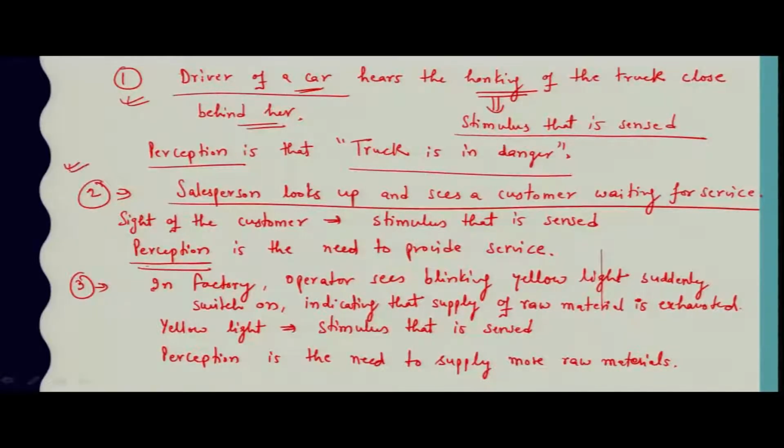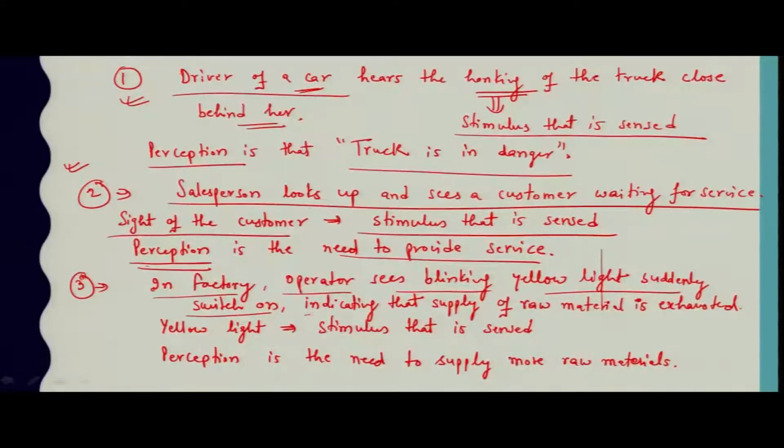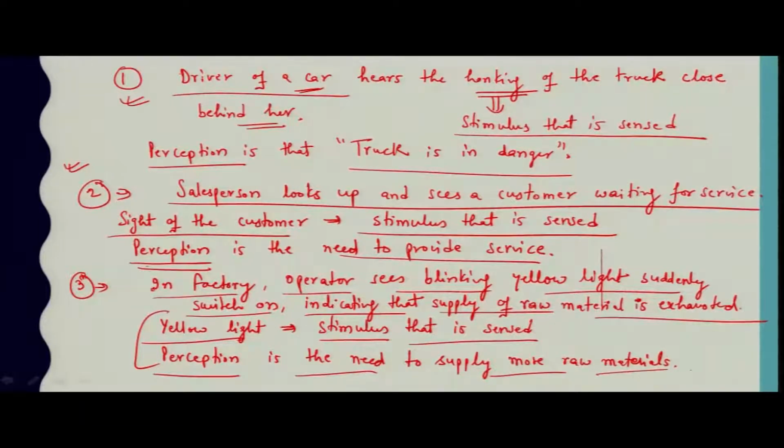The second is a salesperson looking up and seeing that a customer is waiting for service; the sight of the customer is the stimulus that is sensed, and the perception is the need to provide service. In another example, in a factory the operator suddenly sees a blinking yellow light switched on, which indicates that the supply of raw material is exhausted. So the yellow light is the stimulus that is sensed, and the perception is the need to supply more raw material.